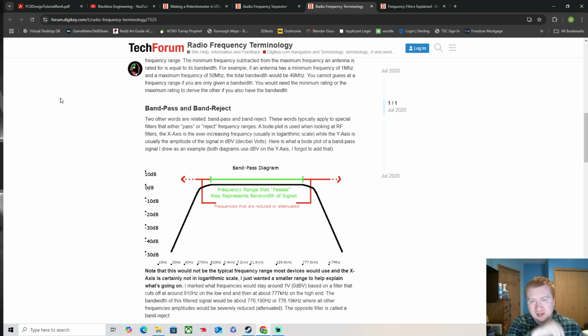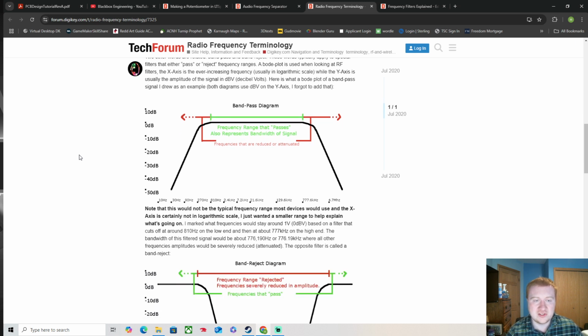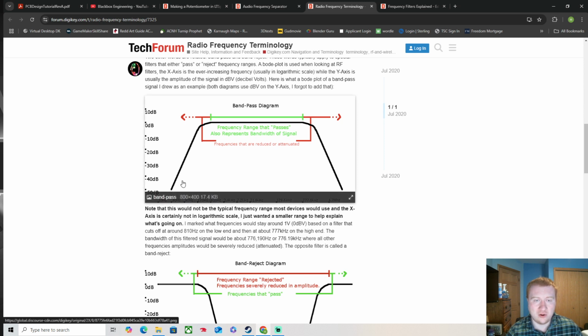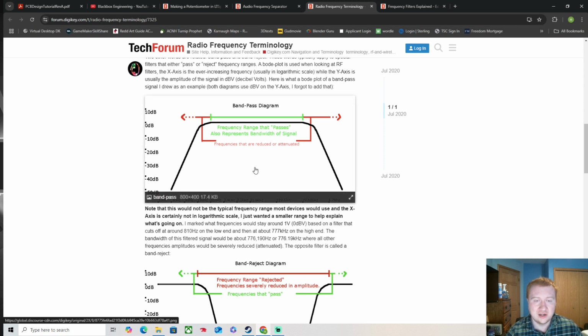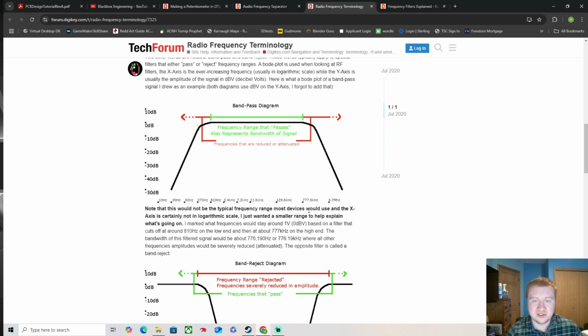The example below is a bandpass signal I drew up. I don't think I used a logarithmic scale on the x-axis, but this would pass anywhere from about 270 hertz to 777.6 kilohertz.